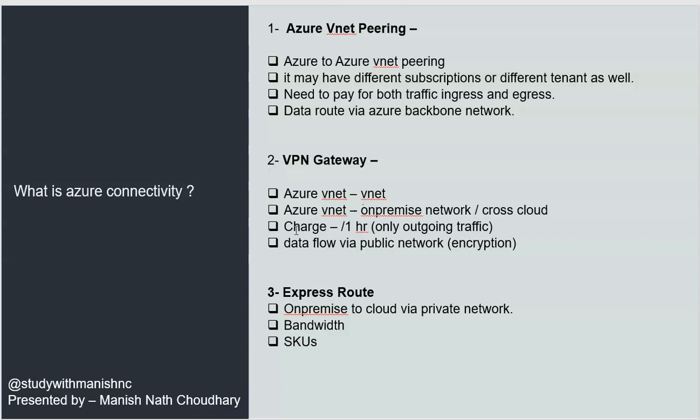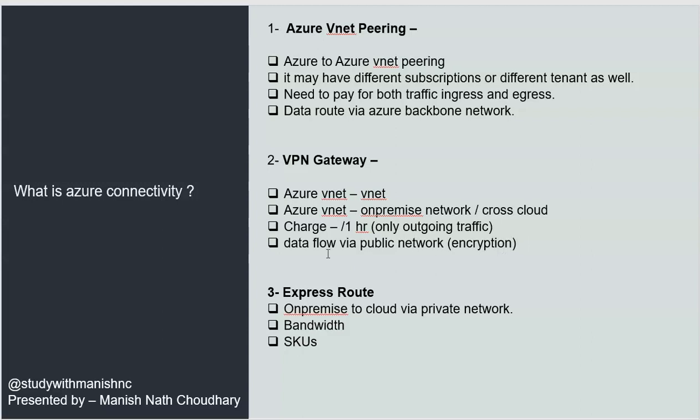Here the charges are per hour and only for egress, meaning only when data is going out from the subscription does the business user have to pay. When data is incoming to the subscription or virtual network, the user does not need to pay. And it is not using the Microsoft backbone network, it is using the public network but with encryption.